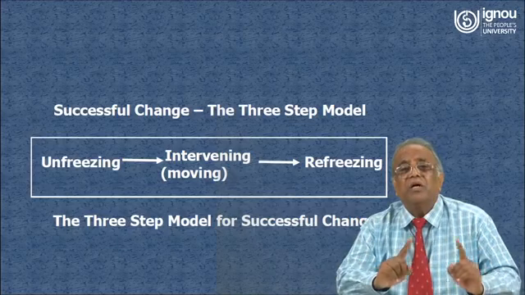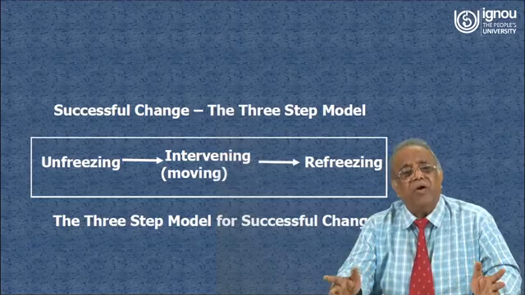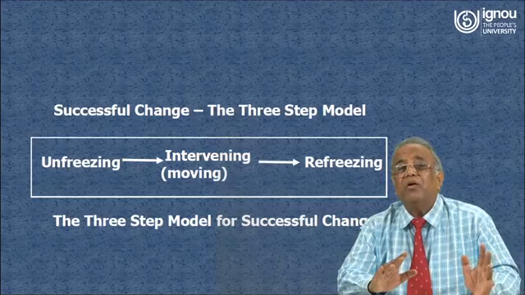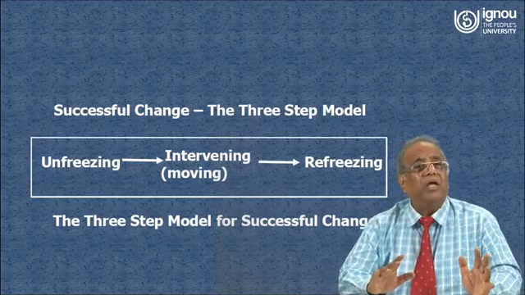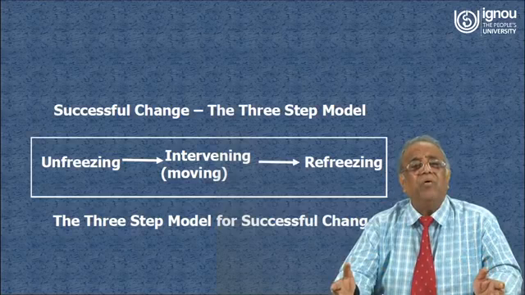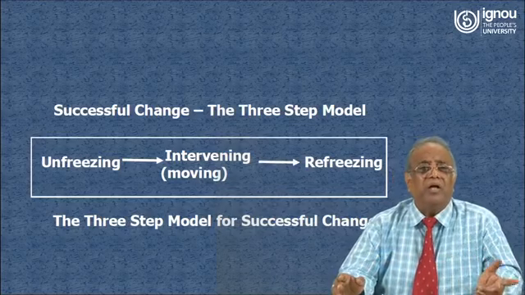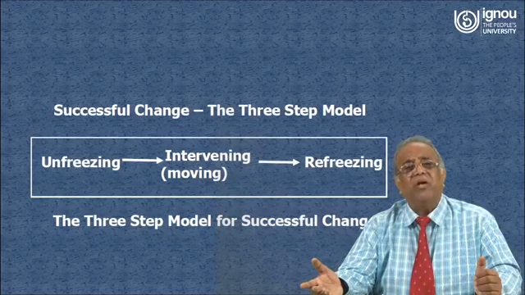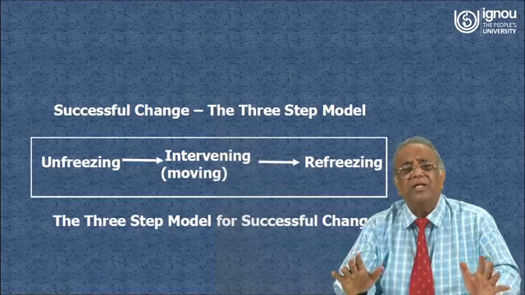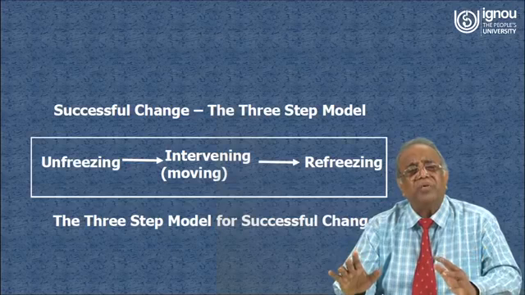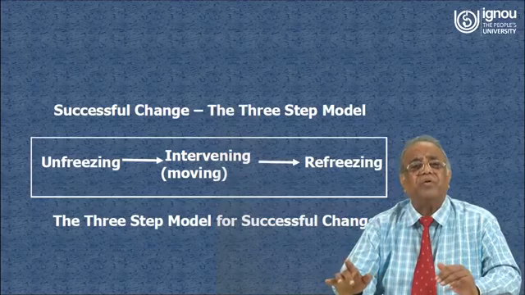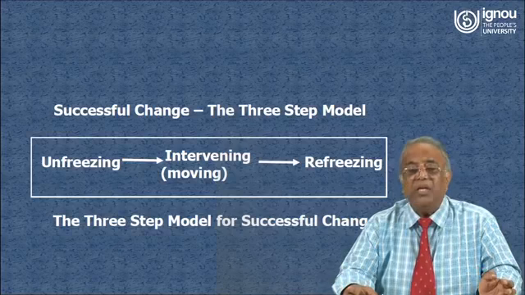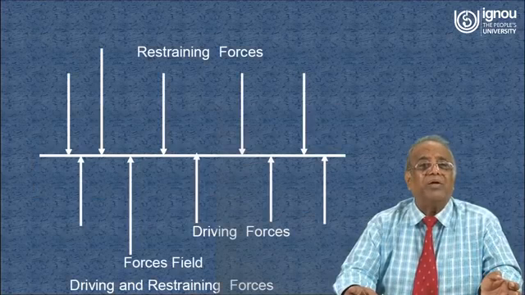So in that case, the organization and employees realize that a change has to be made for that particular product or service. Then intervening is the process from unfreezing to refreezing. Then refreezing means the change has already occurred. So the change has been established for that particular product and now it is fit for selling in the market.